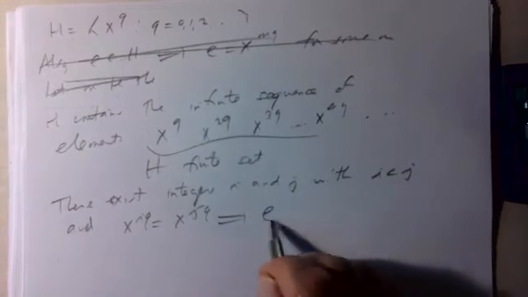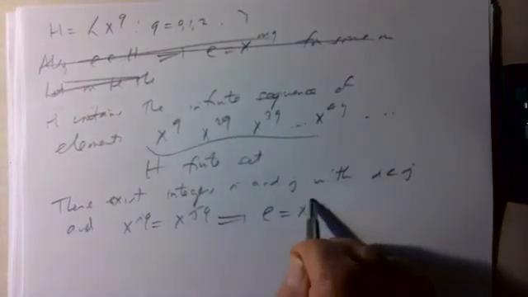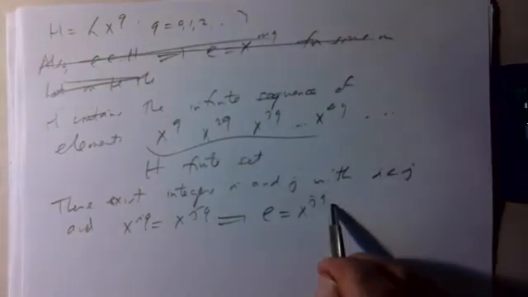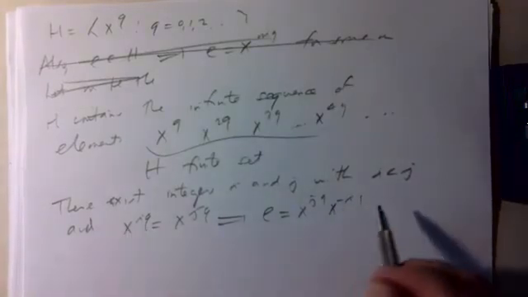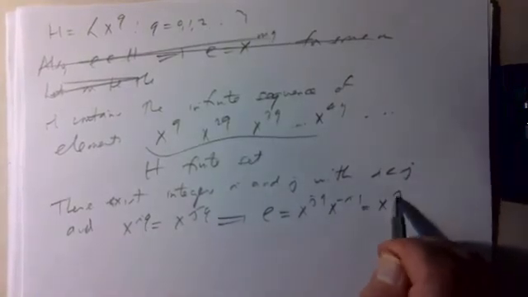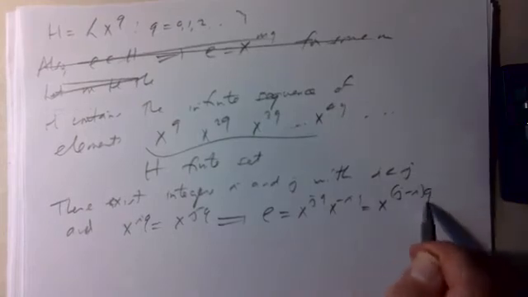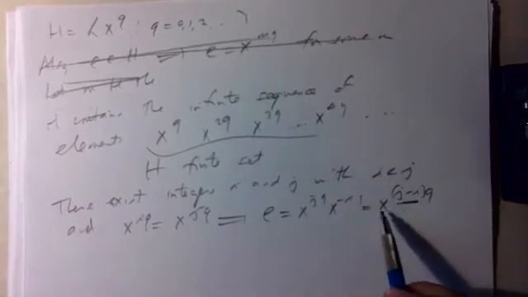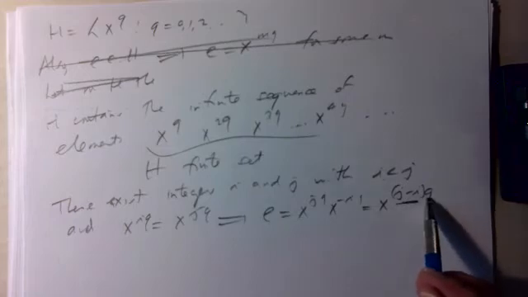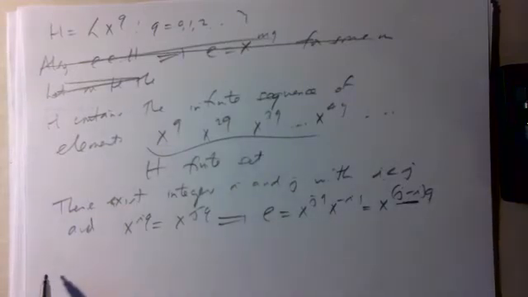Which means the identity is x to the jq times x to the minus iq. I'm just multiplying on each side by x to the minus iq. This is x to the j minus i times q. So j minus i is a positive integer, and x to the j minus i times q is the identity.